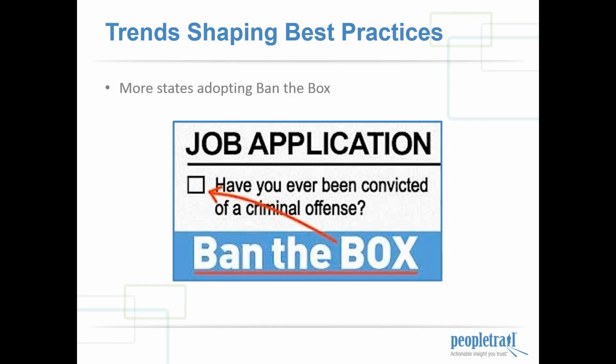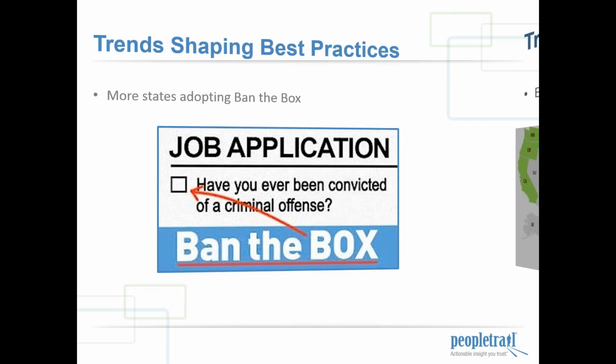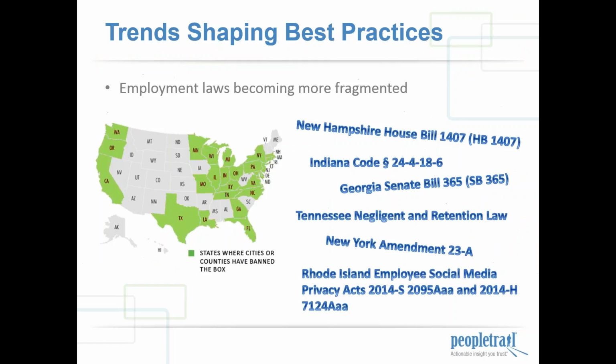So if you're hiring across the board in all different areas, these things are very important to know about, and it's important to be up to date on them. As a general statement, a couple just came through recently that I got emails on as recently as last week.